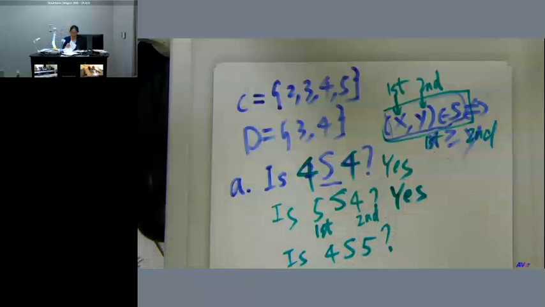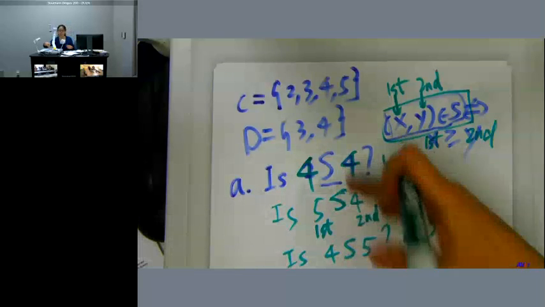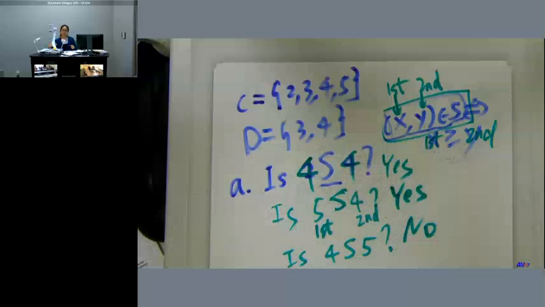What about 4 related to 5? No. That would be no. I was trying to find the example I did. I think I did less than before. So this is the one I did, less than, the second part. Okay, so this is how you check whether two numbers are related. Okay, make sense? Yes, it does.